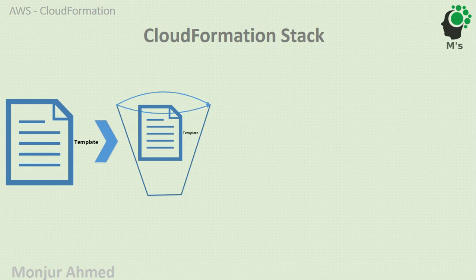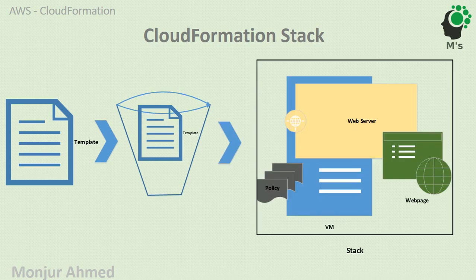Now, from the stored template, because in this template we gave instructions that we are going to have a virtual machine, on that virtual machine a web server, and in that web server, let's say, one or more web pages, and for all those things some associated policies. So this whole collection gets deployed.